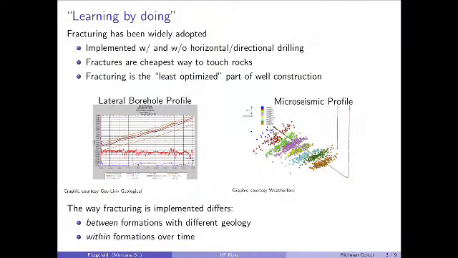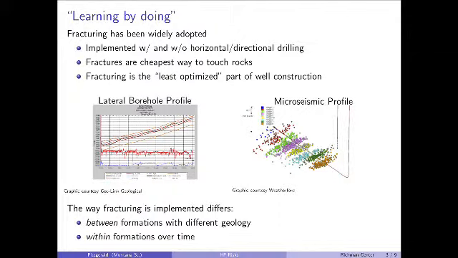Consider the process of hydraulic fracturing, really starting with napalm fracs in the 1940s and moving on through time to the very sophisticated fracturing that we see today, where it is used in almost every well.